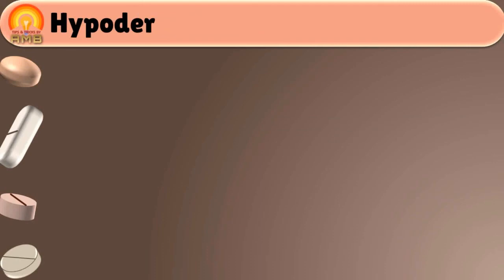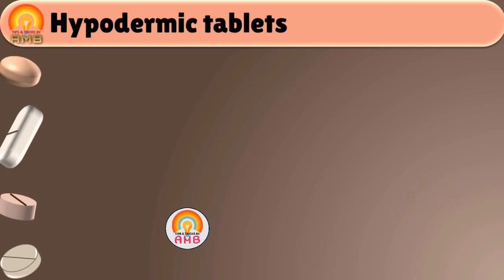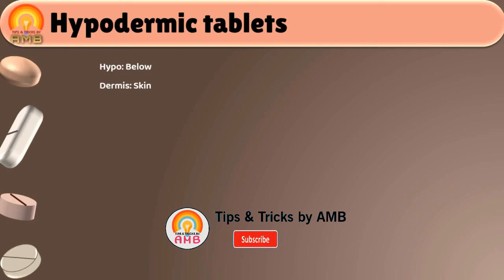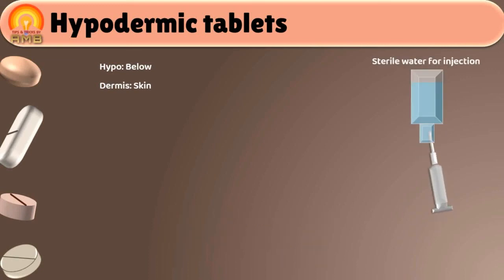The next type is hypodermic tablets. This word came from two words, with hypo meaning below and dermis meaning skin. Thus, these are the tablets which are sterile in nature and are dissolved in sterile water for injection, and this solution is injected parenterally with the help of a syringe and needle.